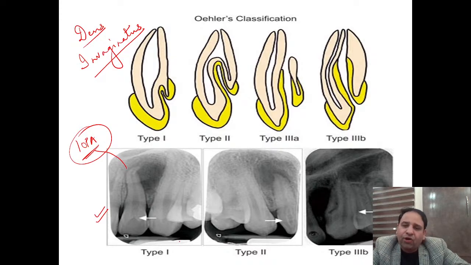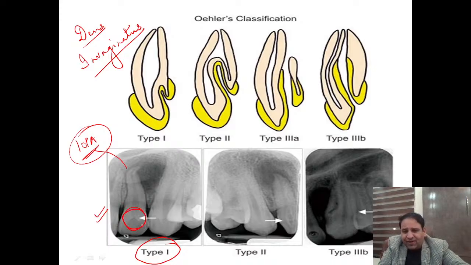We have infolding of enamel into the dentine. The most common form is type 1 dens invaginatus, where the infolding has not crossed the junction.